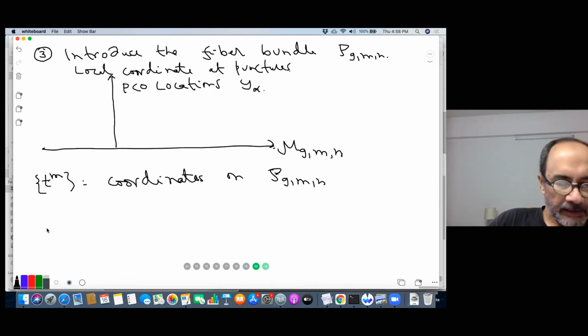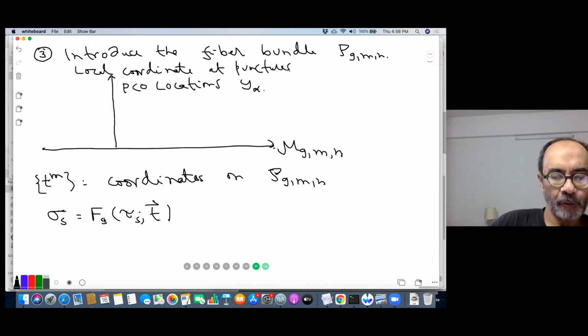Then this means that this function sigma_s will now depend on t, because different t will correspond to different functions. And the y alphas will also depend on t, because different t will correspond to different choice of y alpha typically. So either this differs or this differs, or even maybe both differ when you change t.